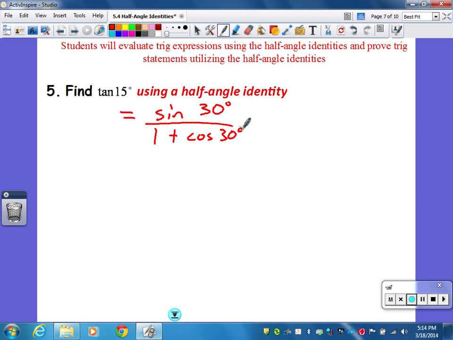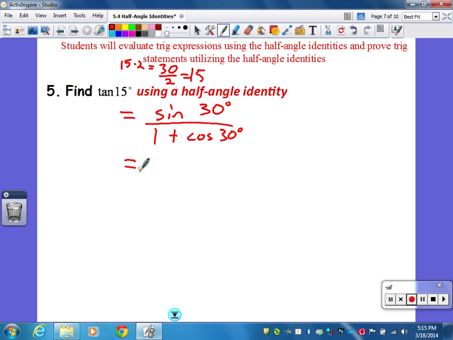Mainly because tangent 15 is really, let's see, 15 times 2 gets me 30. Well, 30 divided by 2 gets me 15. That's how I got that. So we know that is equal to what?